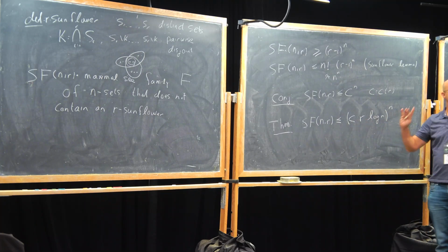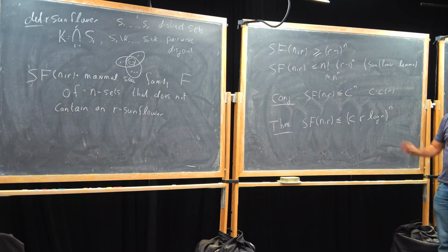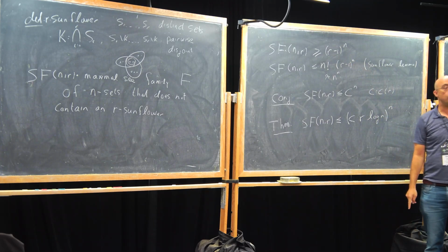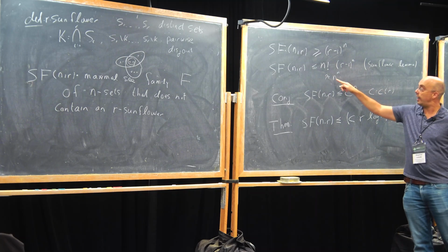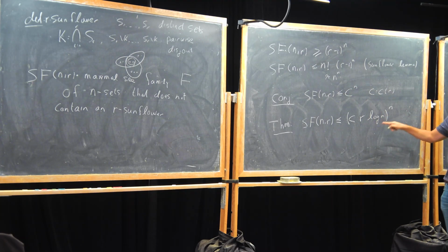So C is an absolute constant. I think like 100 would be fine, but let's put C here. And again, the R to the n scales more or less like the lower bound. And the main improvement here is instead of getting n to the n, we get log n to the n. So we improve the base from n to log n. Okay? So that's our goal, to prove this.